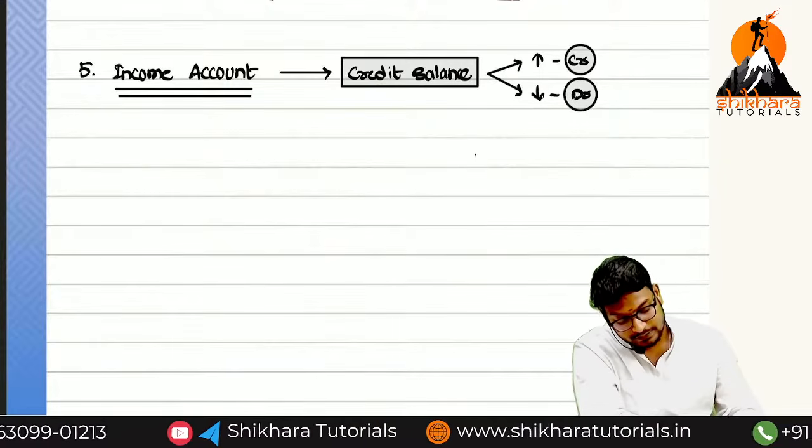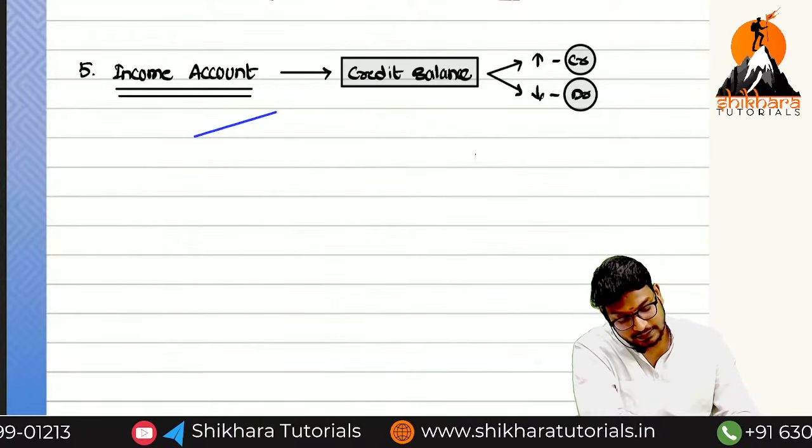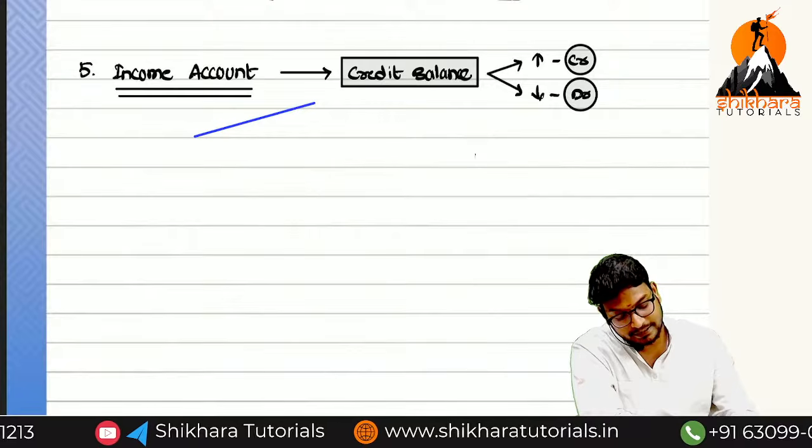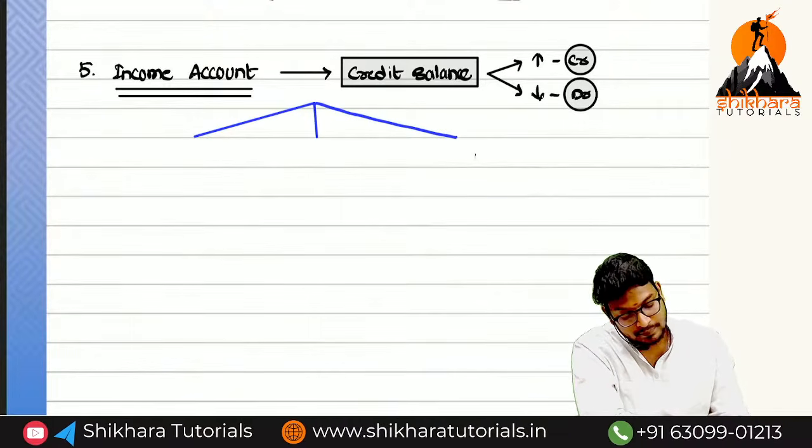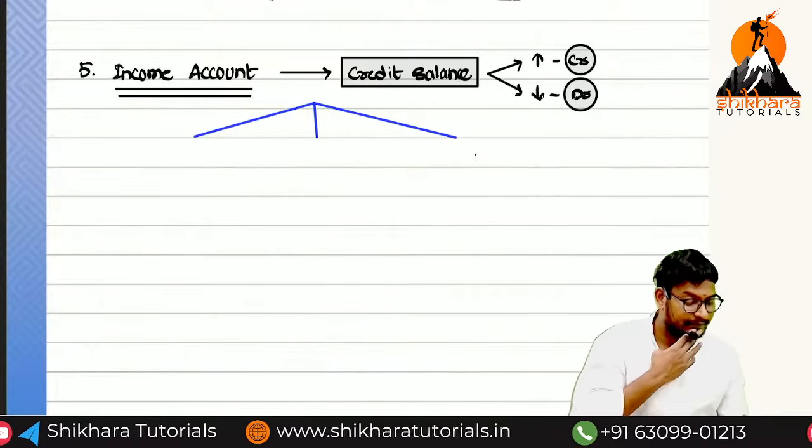So same like the expenses account, here also we are going to have how many more? 3 items. What are the 3 items?